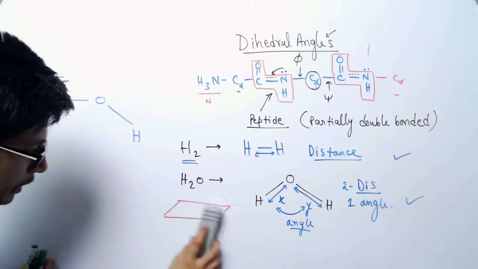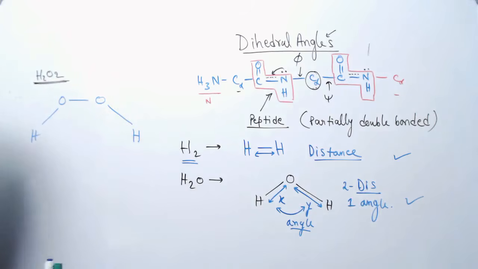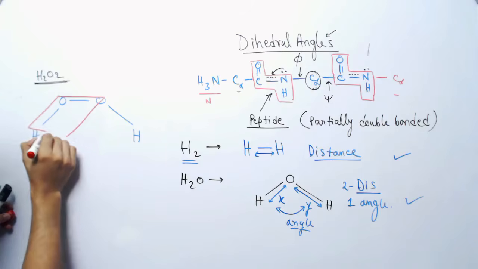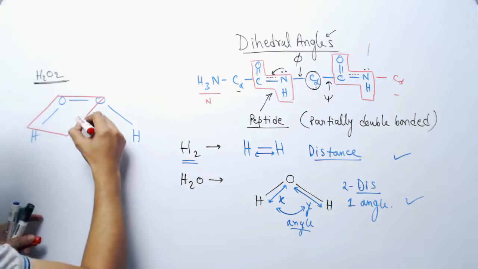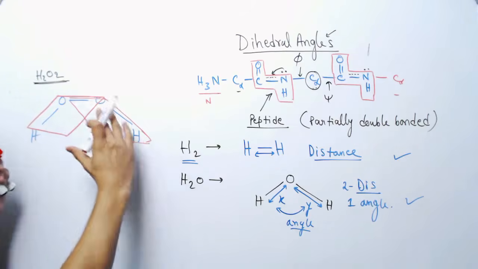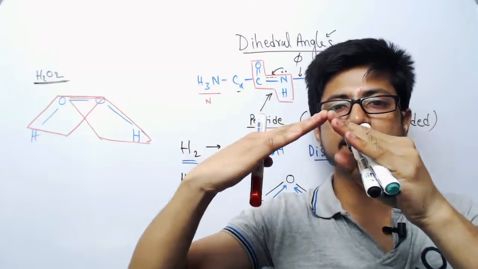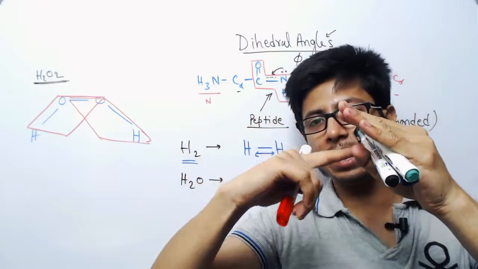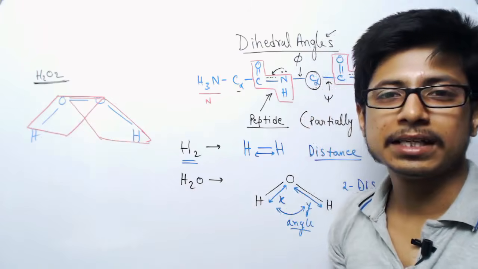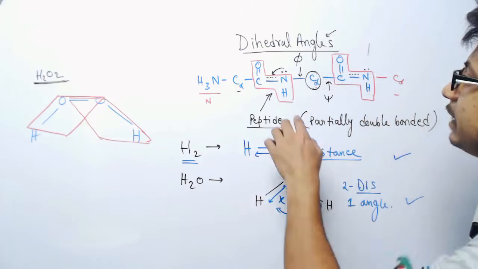I told you the angle between these 2 lines, but now we are calculating this as a plane. Imagine this line as a plane, and this line as another plane. So we have 2 different planes attached to one another like that, and there will be an angle between these 2 planes, known as the torsional angle or dihedral angle.